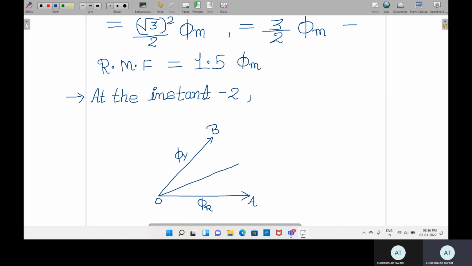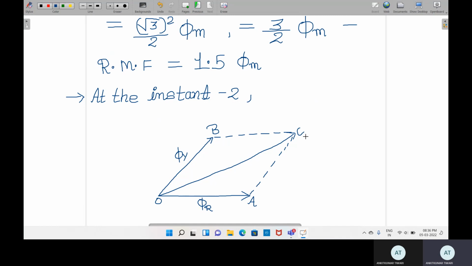Let us draw the resultant of it. The resultant of OA and OB is OC.